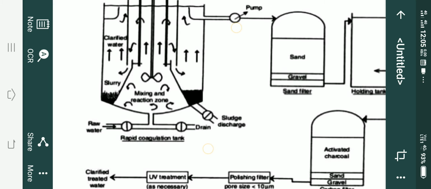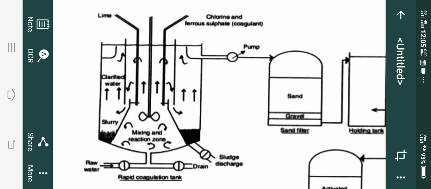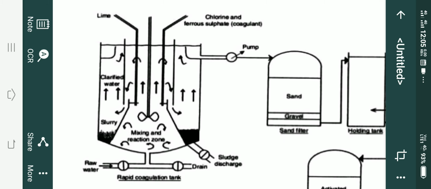As we know, the coagulation is done with the help of lime, chlorine, and ferrous sulfate. Chlorine and ferrous sulfate act as a coagulant.